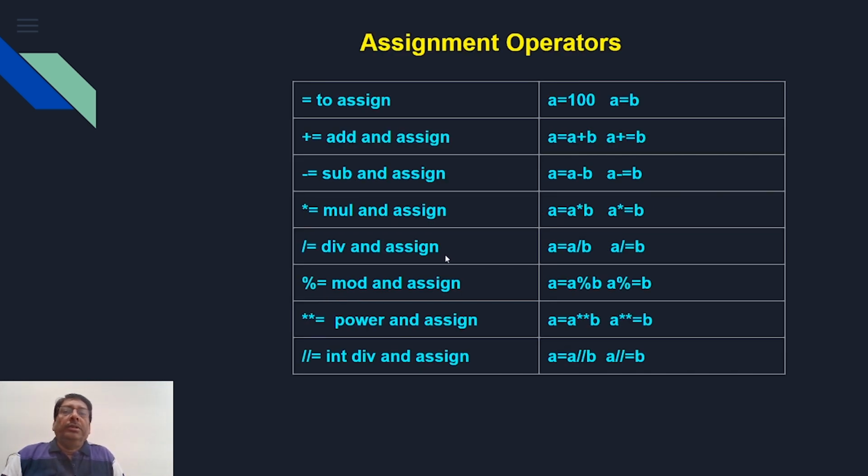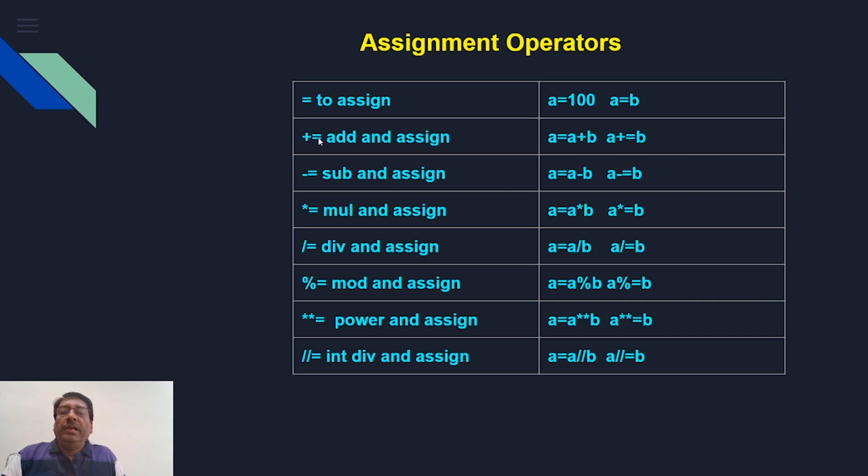Then you have something called the assignment operator. Equal to, if you use it only one time, is to assign: A equal to 100, A equal to B. The meaning of that is the B value is stored in A. When you write double equal to, as we have seen in the previous case, it is for comparison.